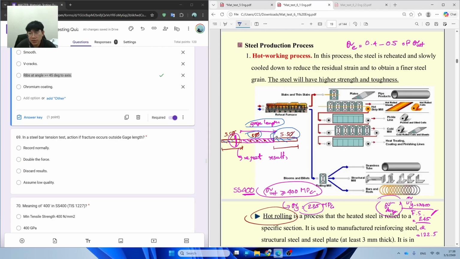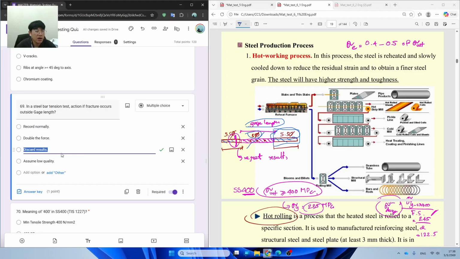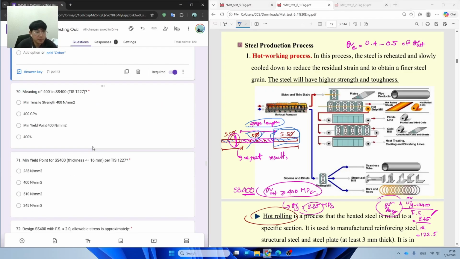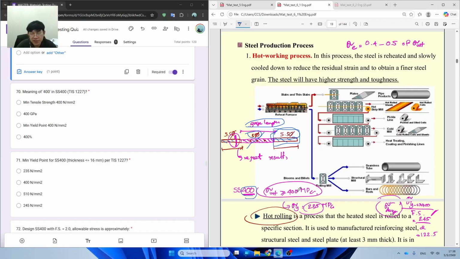After we grip the sample like this, we would like to control the sample to fail, or to cut into 2 pieces, in between the gauge length. If the fracture is outside of the gauge length, we need to reject or discard the result, for question number 69.